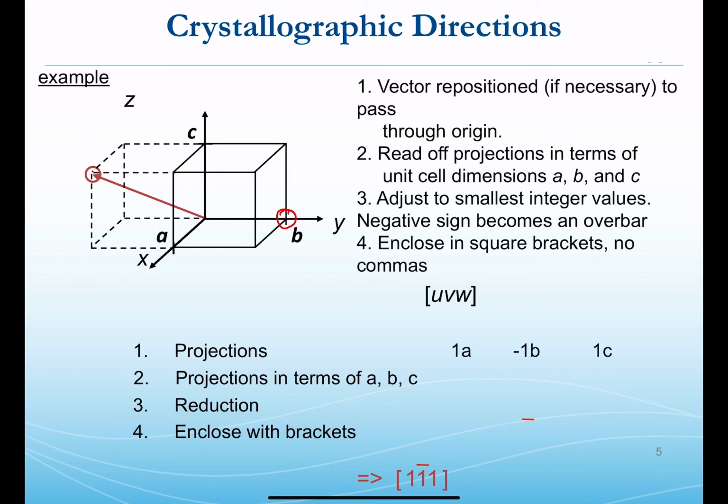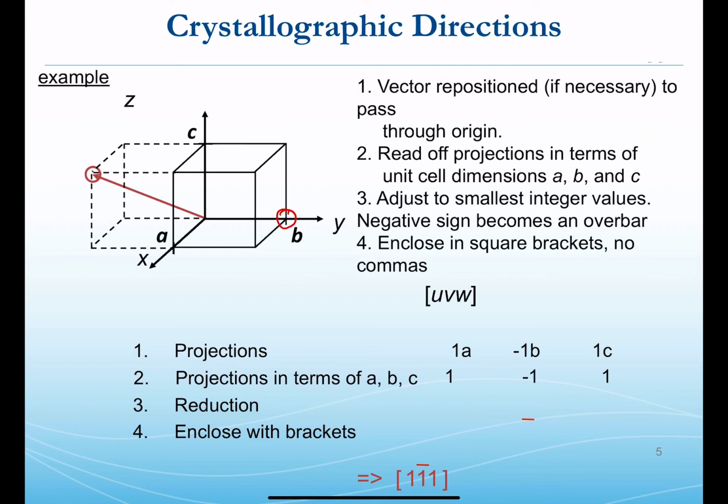So your coordinates for where that arrowhead is should have been 1 positive unit of A, 1 negative B unit along the y direction, and then 1 positive unit of C in the z direction, and then eliminating the ABC factors of the cell dimensions, we simply get 1, minus 1, 1.